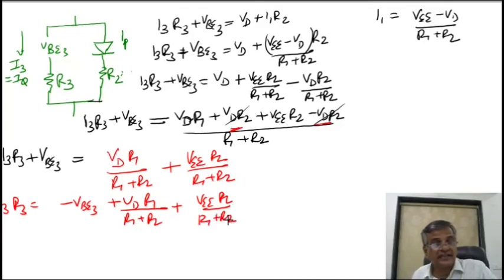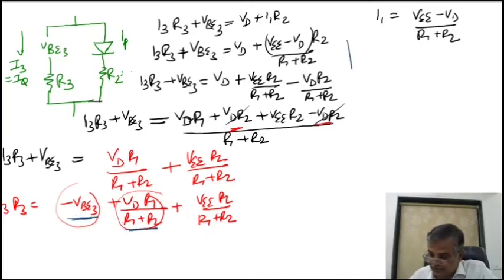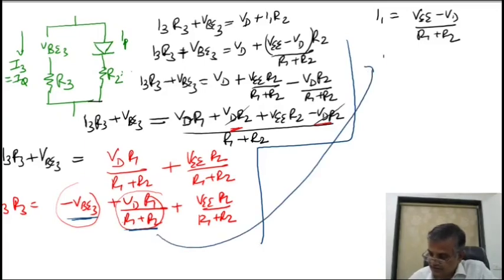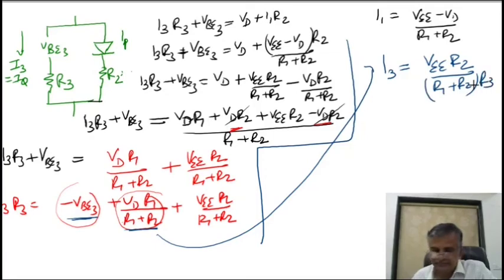Now we are selecting the values of R1 and R2 in such a way that VBE3 and this VD R1 upon R1 plus R2 term are equal. So this equation can be written as I3 is equal to VEE R2 upon R1 plus R2 into R3.